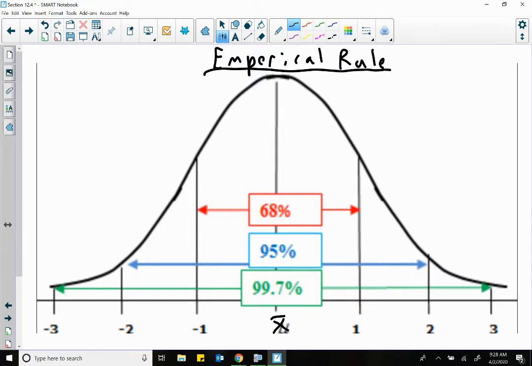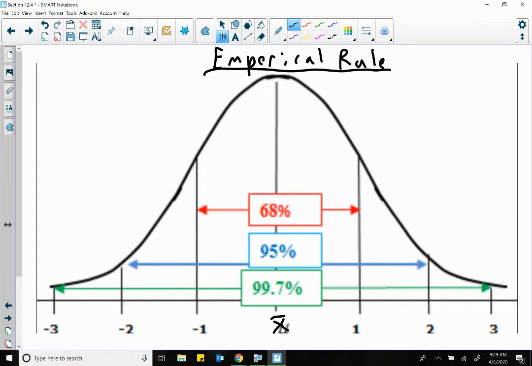And then between three standard deviations, I have 99.7% of my data. Okay? So that's what the empirical rule is telling you, some basic information. So mostly when we say we're between three standard deviations, we say that is pretty much almost all of our data. That's what we generally say.